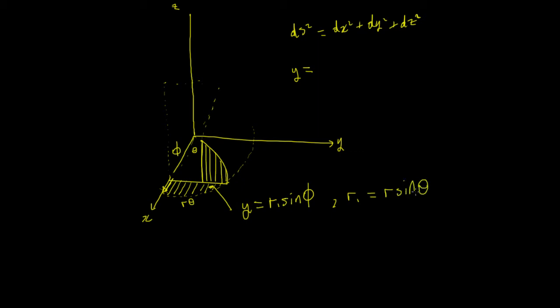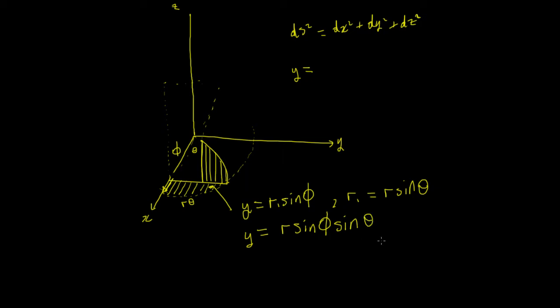So then we'll be able to write y equals, and you place r sine phi in for r1, so y equals r sine phi, r sine theta sine phi.